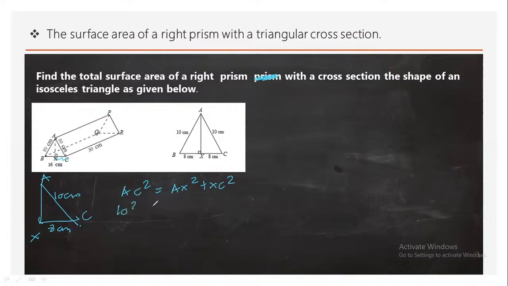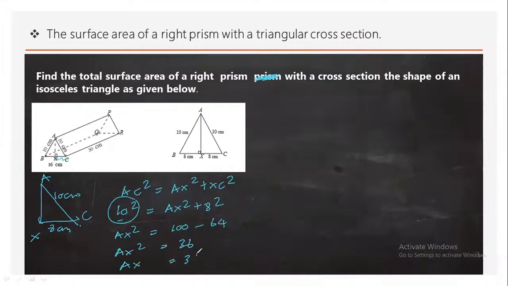AC is 10, so 10 squared equals AX squared plus 8 squared. AX squared equals 10 squared minus 64, since 8 squared is 64. AX squared equals 36, AX equals square root of 36, that is 6 centimeter.